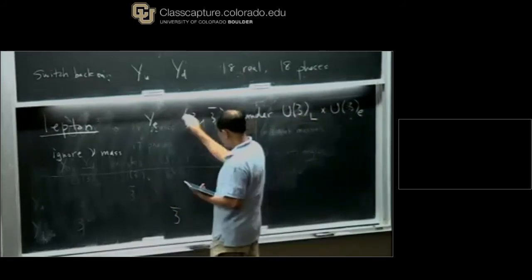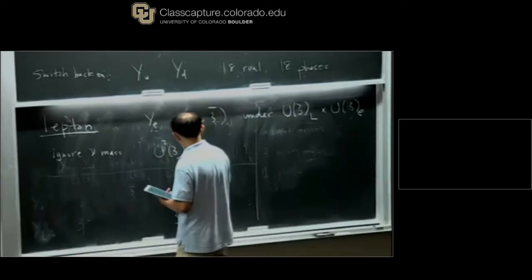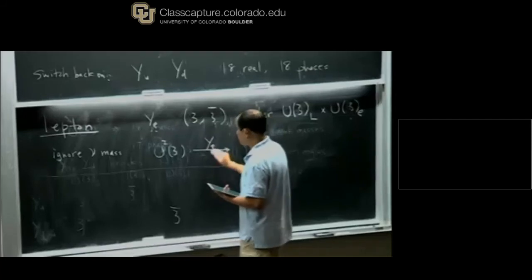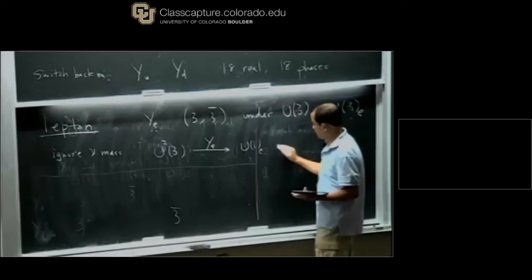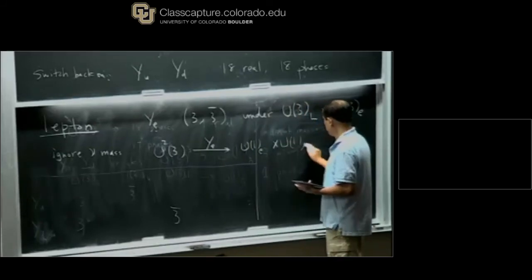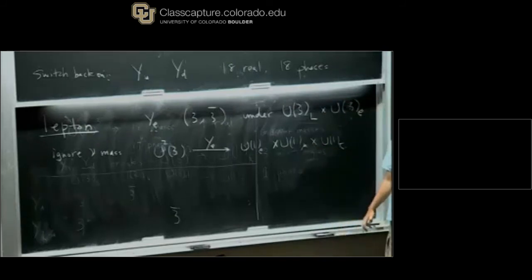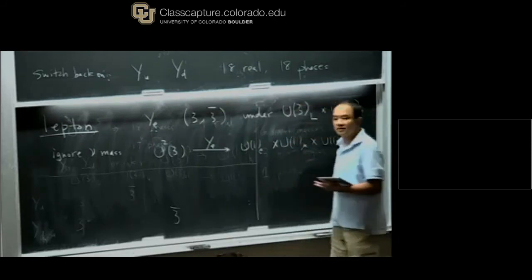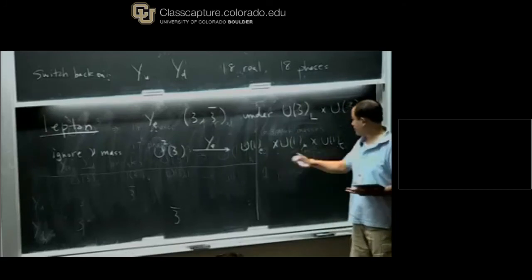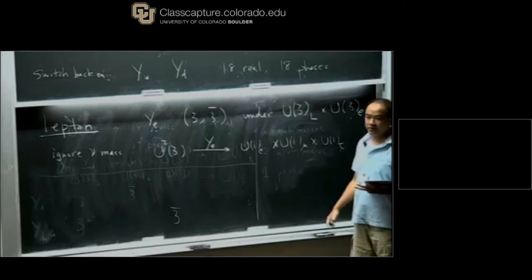The U(3) squared is broken by this Yukawa coupling down to 3 separate lepton numbers: electron lepton number, muon lepton number, and tau lepton number.